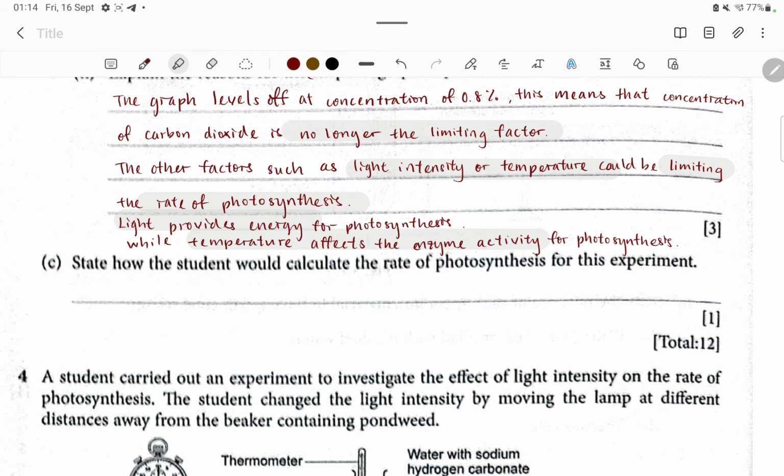Okay. C. State how student would calculate rate of photosynthesis for this experiment. This one, they already know.